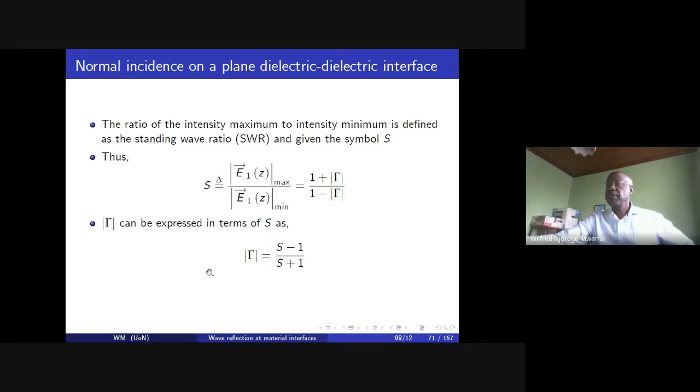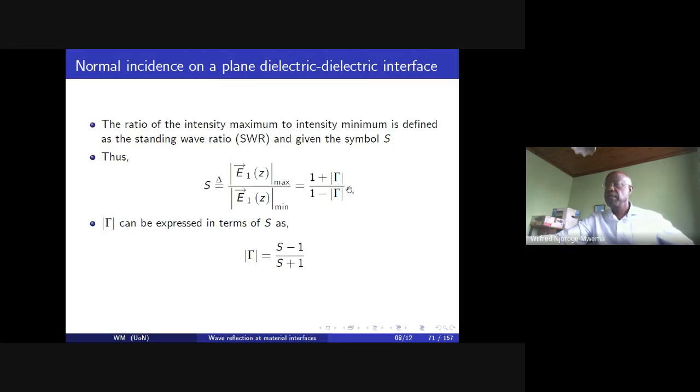If the reflection coefficient is equal to 0, it means that S is equal to 1, and therefore we get this going to 0. And when gamma is equal to 0, it means that there is no reflection at the interface and the wave goes through without reflection. And therefore you see the minimum value of S is 1.